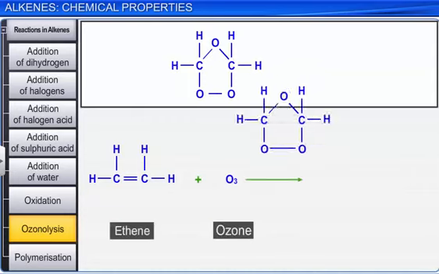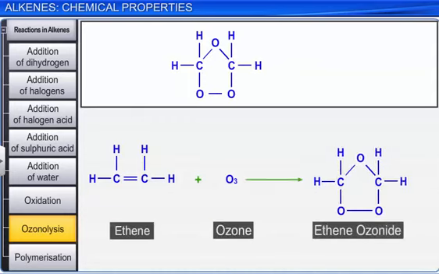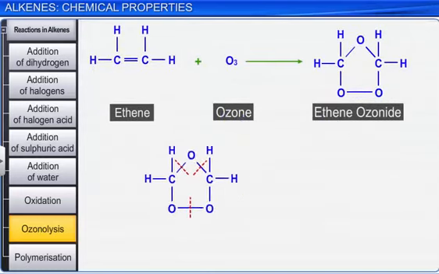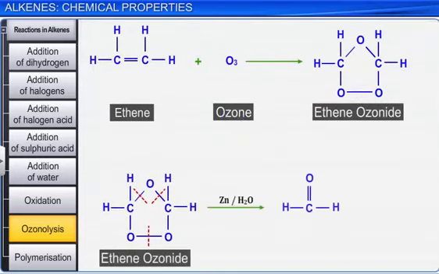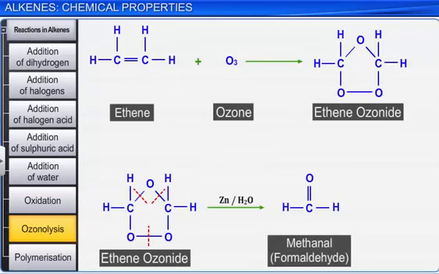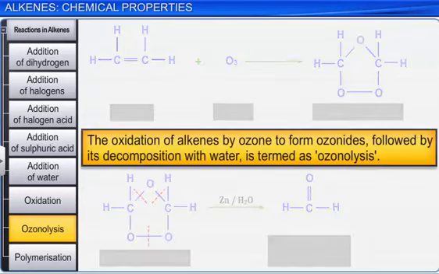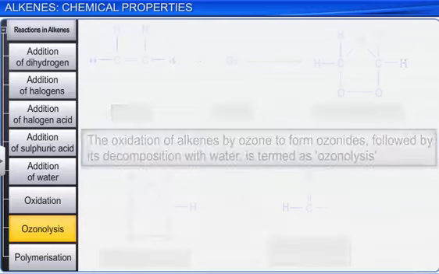This, on hydrolysis, forms formaldehyde or methanal. The oxidation of alkenes by ozone to form ozonides, followed by its decomposition with water, is termed as ozonolysis. This reaction is useful in locating the position of the double bond in an unsaturated molecule.